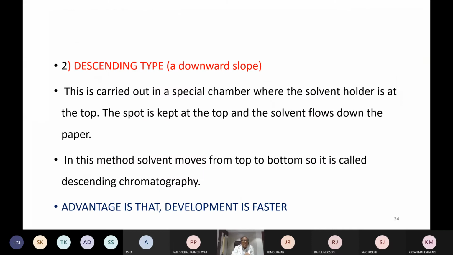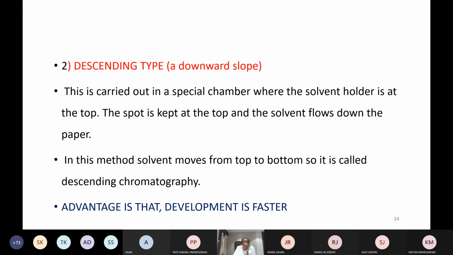And another one is of the descending type, that is, a downward flow. This is carried out in a special chamber where the solvent holder is at the top. The spot is kept at the top and the solvent flows down the paper.